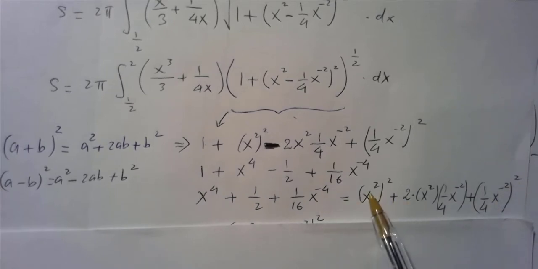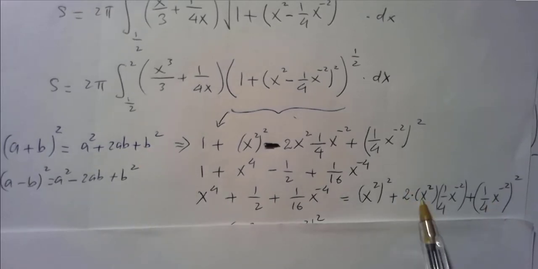So I know this is the a square term in here, this is the b square term in here, so the middle term should be 2ab. So 2a is x square, and then b is just this term. And let's try. You can see that x square and x to the minus 2, they cancel, right? They give you x to the 0 power, which is 1.